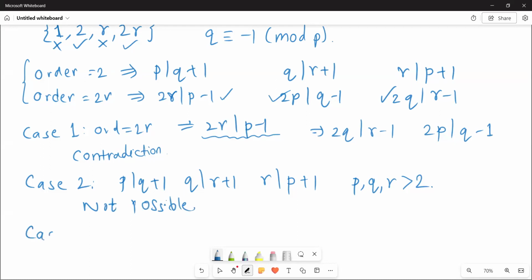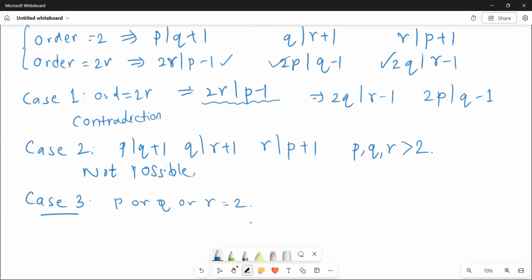So now the interesting case, p or q or r is equal to 2. This is the interesting case.